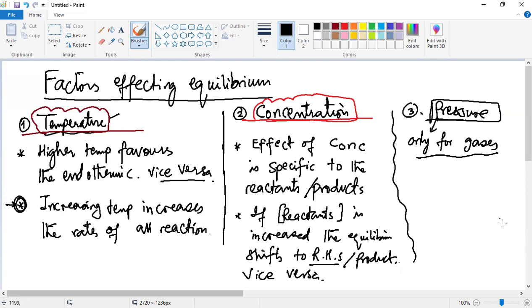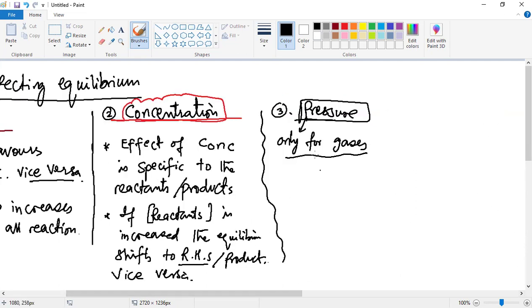And for pressure, we look for the number of moles. The side with greater moles is the one that is affected.